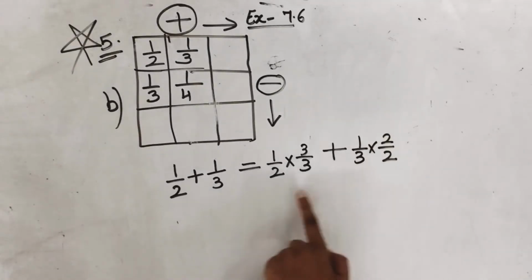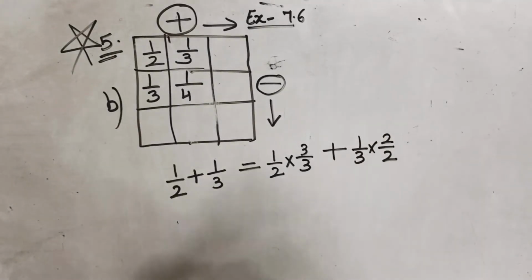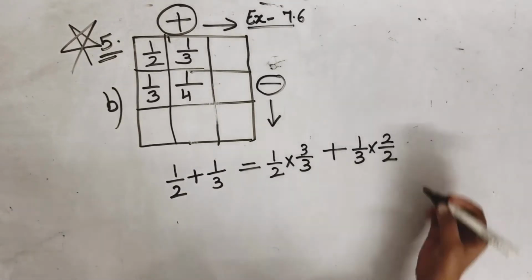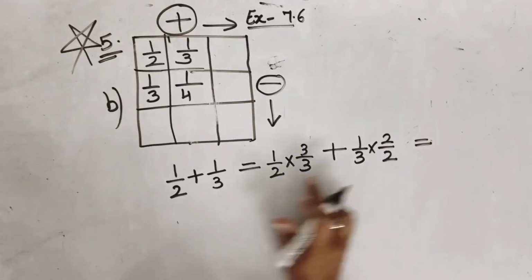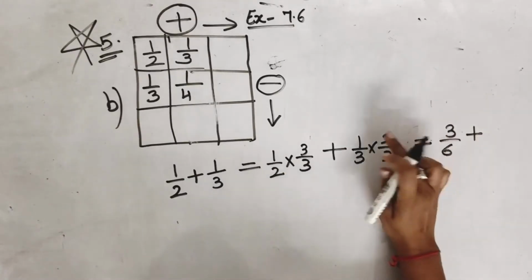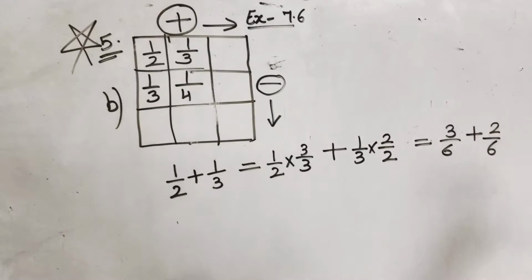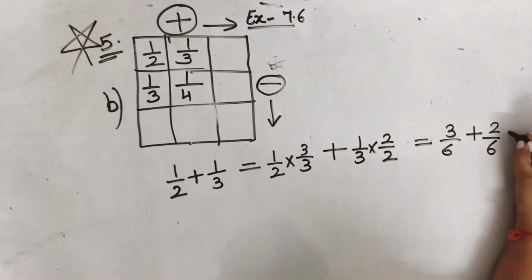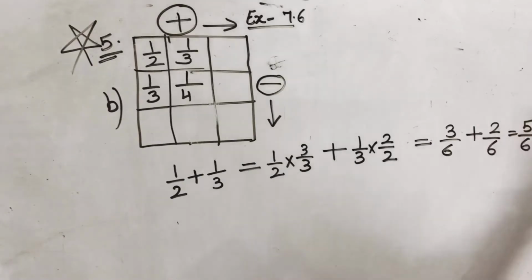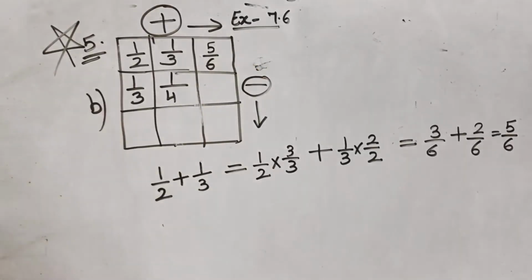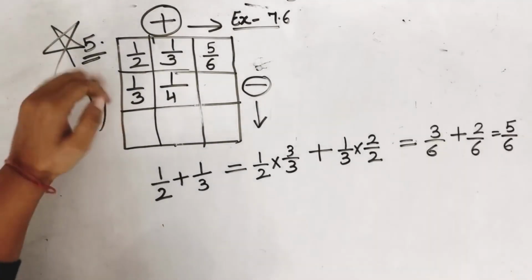You can do it by this method also. Like we did so far in separate steps, you can do it that way too. Is equal to 3 by 6 plus 2 by 6. Now 3 by 6 plus 2 by 6, add both, you will get 5 by 6. So what will come here? 5 by 6. Now come to the second row.